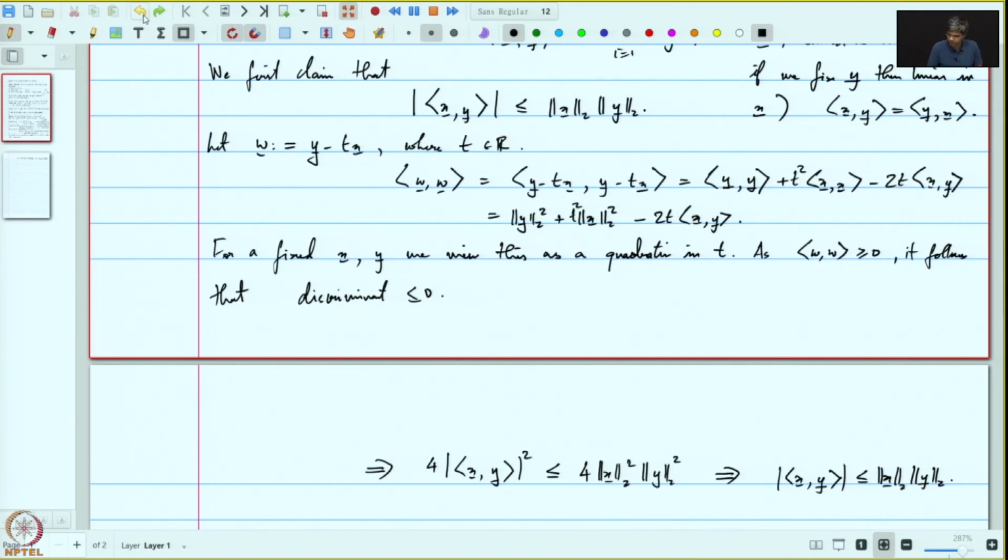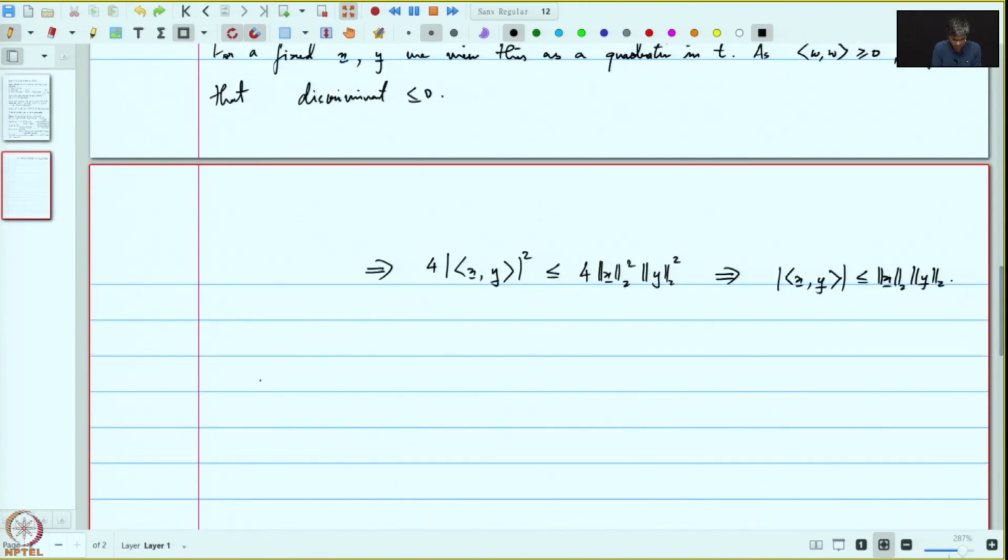So using this claim, we will now prove the proposition. So note that we have norm x minus y whole square is equal to, this is equal to, and this is less than or equal to.